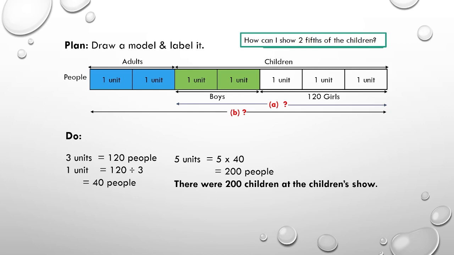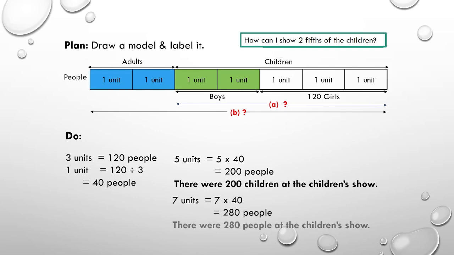Therefore, we have 200 children who attended in the children's show. Next is we can also find out the total number of people who attended simply by multiplying 40 by 7, since we have 7 equal units on our bar model. And 7 times 40 is equal to 280 people who attended at the children's show.